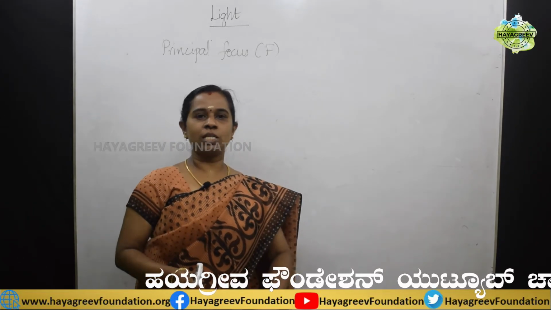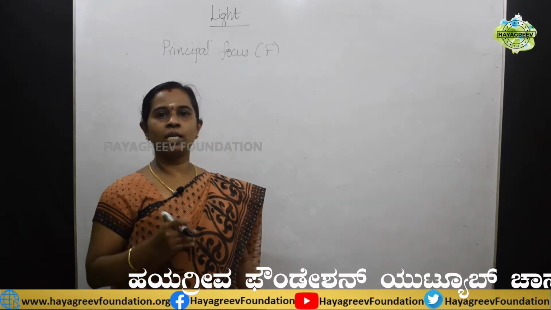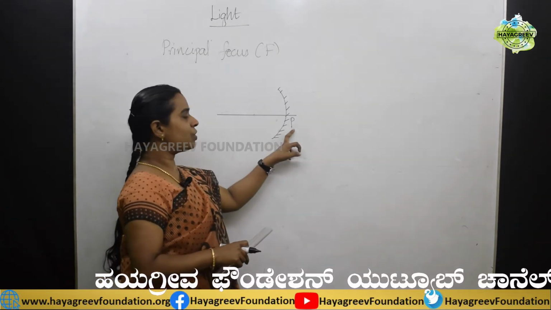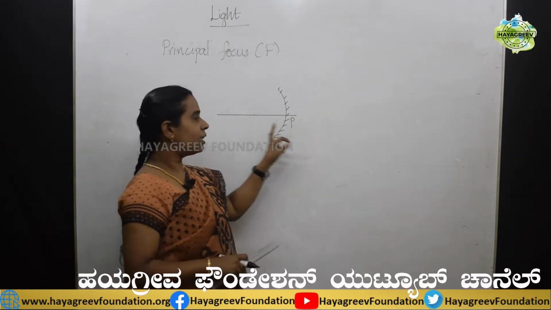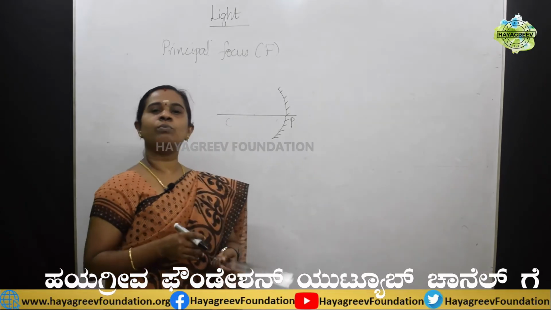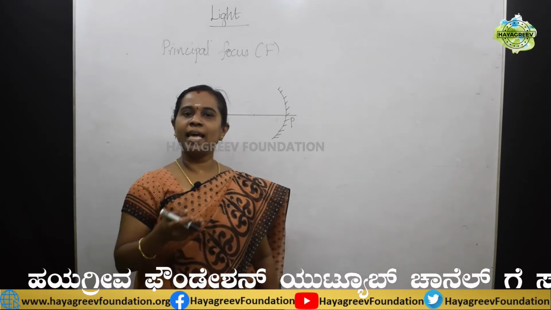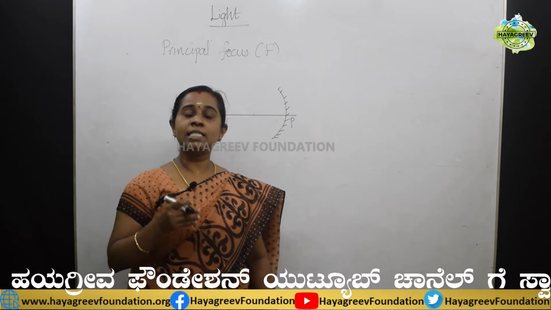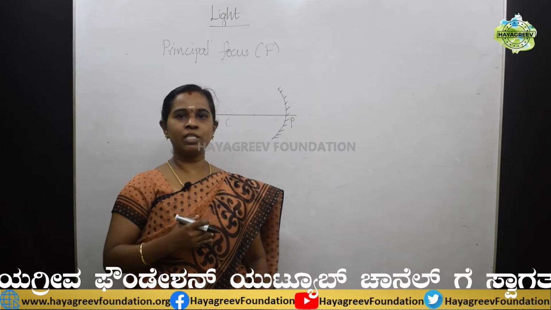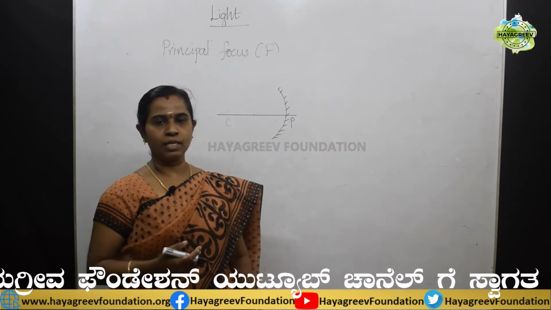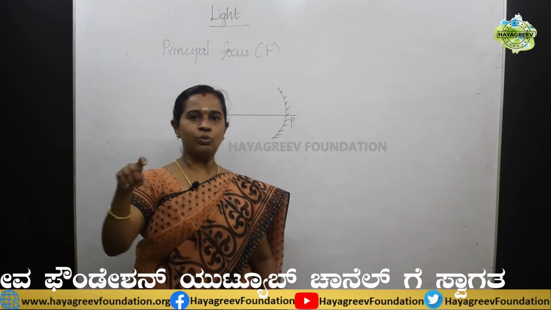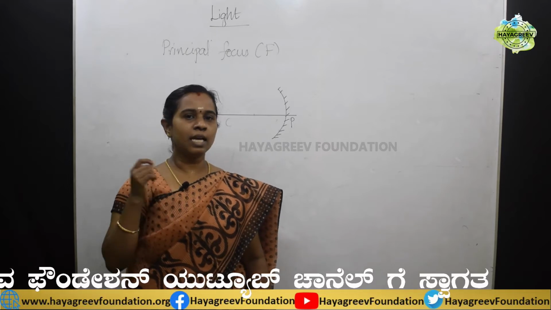First I am going to teach the principal focus of the concave mirror. The line passing through the center of curvature and the pole of the mirror is called the principal axis. The principal axis is an imaginary line passing through the center of curvature and the pole. If the object is at infinity, parallel rays will come.